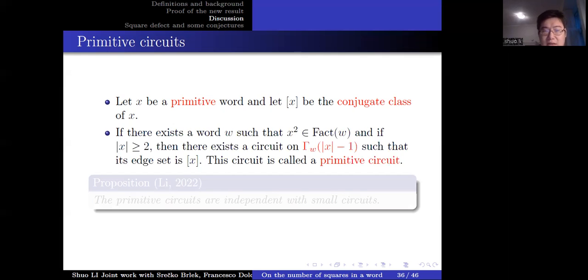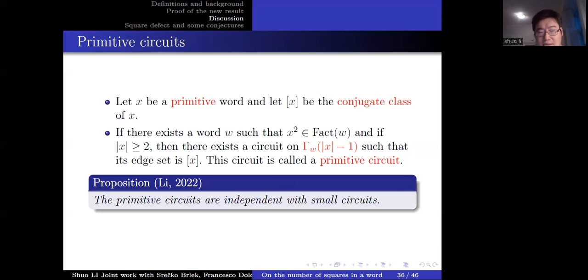If X squared is a factor of W, and the length of X is larger than or equal to 2, then there exists a circuit on the graph gamma with the index length of W minus 1, such that its edge set is all conjugates of X. Then this circuit is called a primitive circuit.